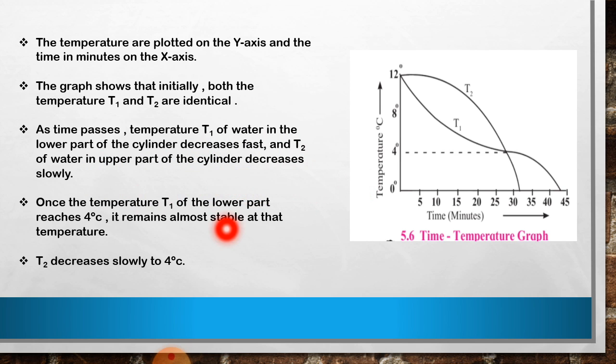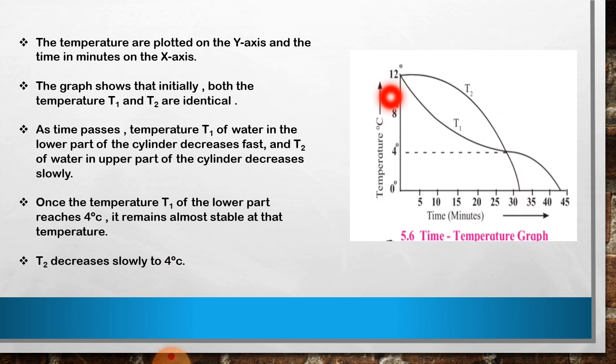Once T1 of the lower part reaches 4 degrees Celsius, it remains almost stable at that temperature, and at 4 degrees Celsius you can see the point which shows maximum density. This is called the point of intersection, and T2 decreases slowly at 4 degrees Celsius.